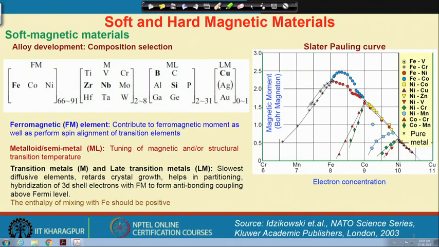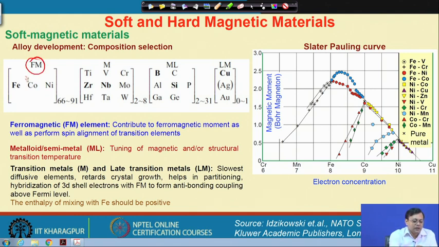So, in case of composition selection, we first need to consider some ferromagnetic material or element. Ferromagnetic materials means here iron, cobalt and nickel. These are the three important metals that are ferromagnetic in nature, and that contribute the ferromagnetic moment as well as perform the spin alignment of the transition element.